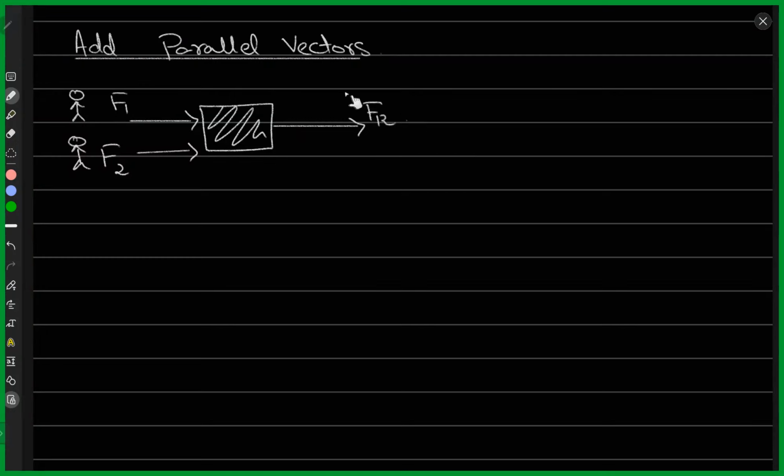Now note that all these vectors are parallel to each other. If these vectors are parallel, they don't make any funny angles with each other, right? So they are always in line with each other. Which means I can add these vectors F1 and F2 as Fr is just F1 plus F2.